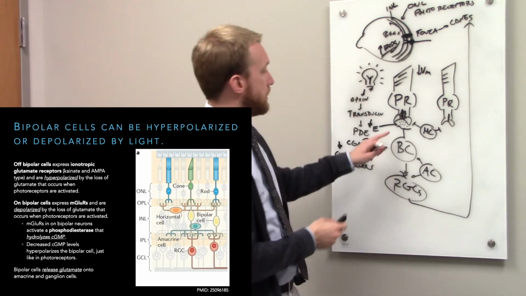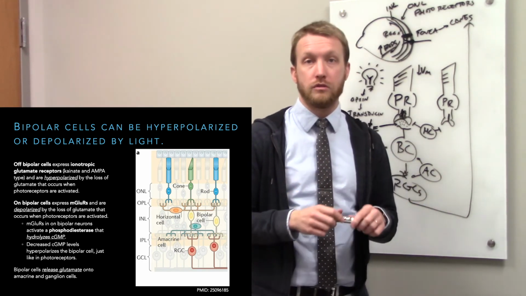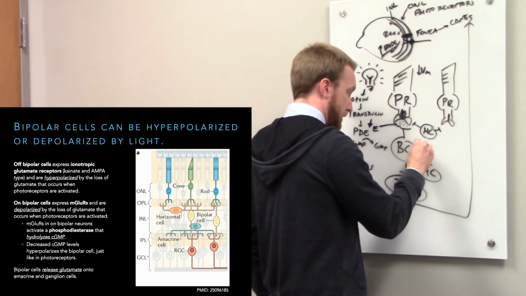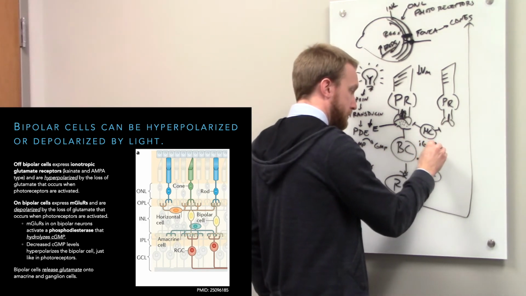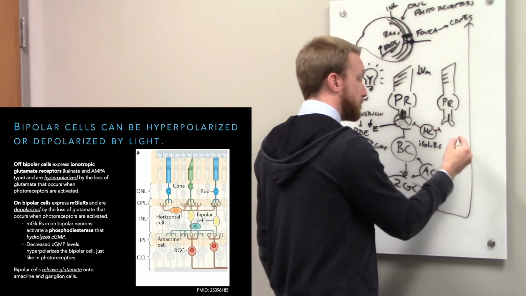Now, the effects of this change in glutamate is going to depend on which glutamate receptors we have. So, if you have ionotropic glutamate receptors, these normally depolarize you, so the decrease in glutamate will turn you off.